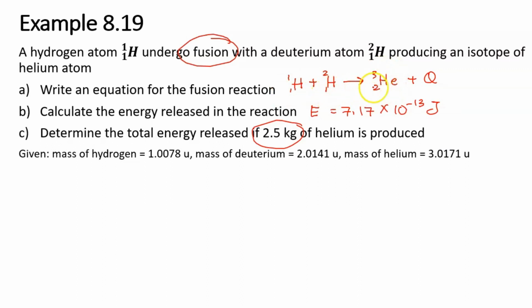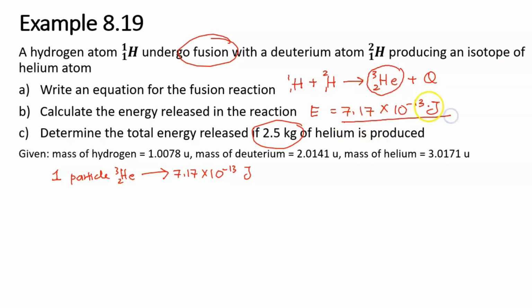Meaning 1 helium, or we can say 1 particle of helium, will produce 7.17 exponent negative 13 joule. Or if I rephrase this sentence a little, in this fusion process, to produce one particle of helium, the process will release energy of 7.17 exponent negative 13 joule. This is for one particle.